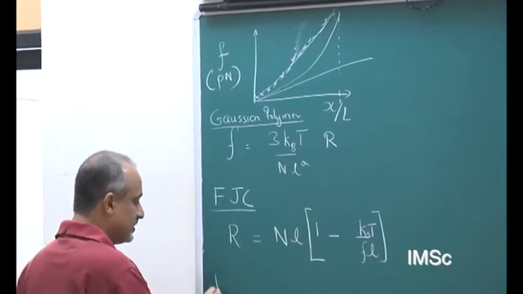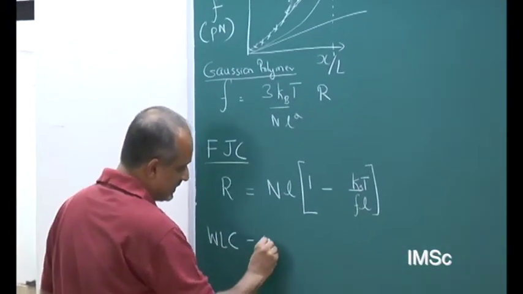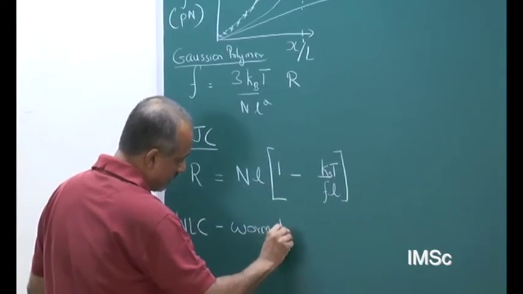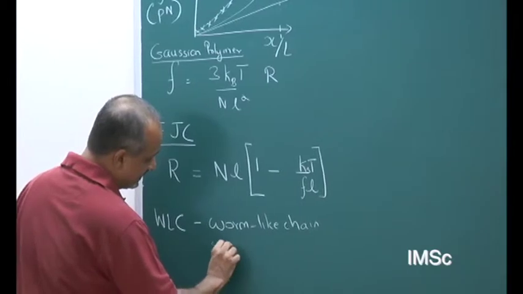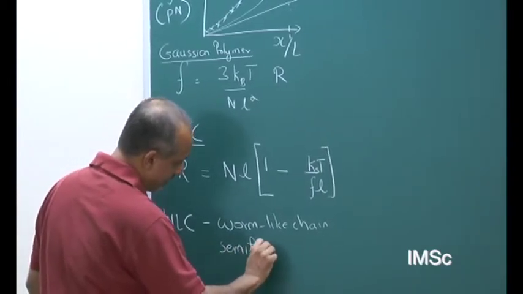The third one was a worm-like chain. So if we just write that out, worm-like chain, otherwise known as the semi-flexible polymer.